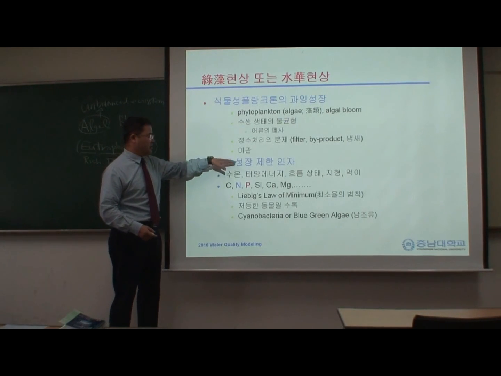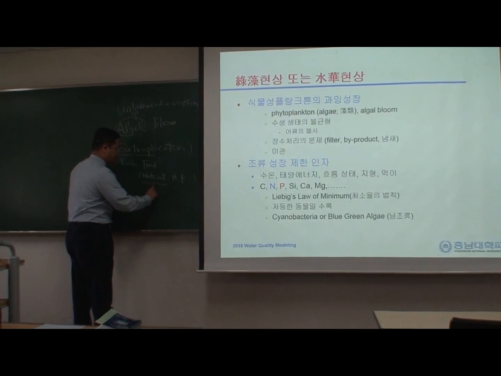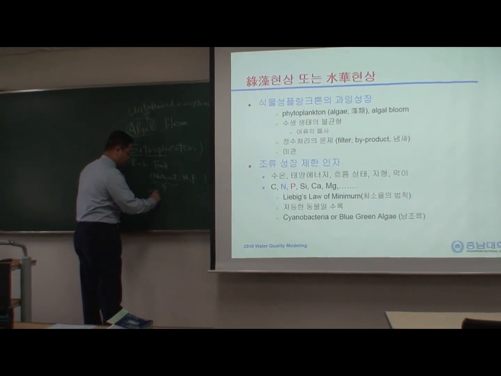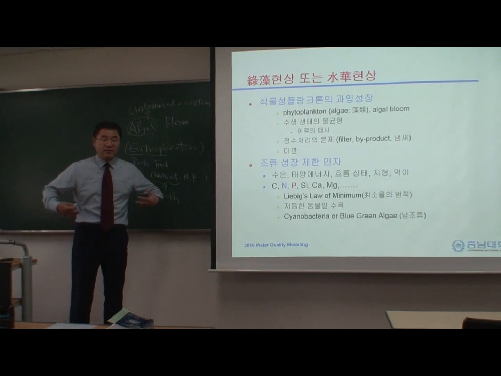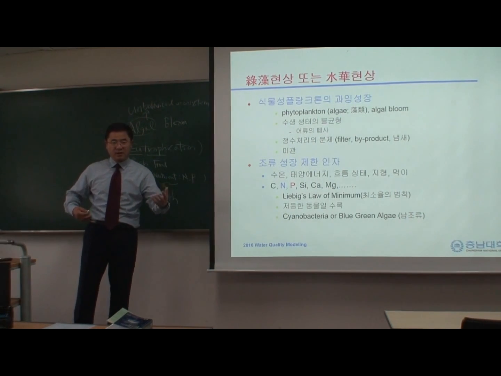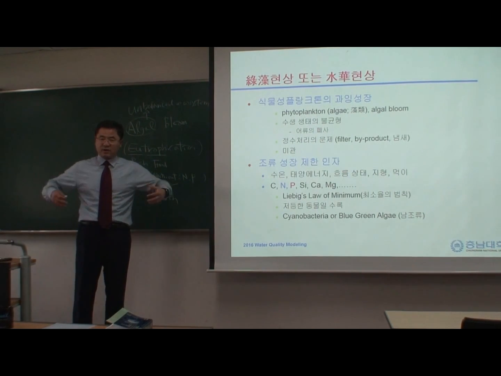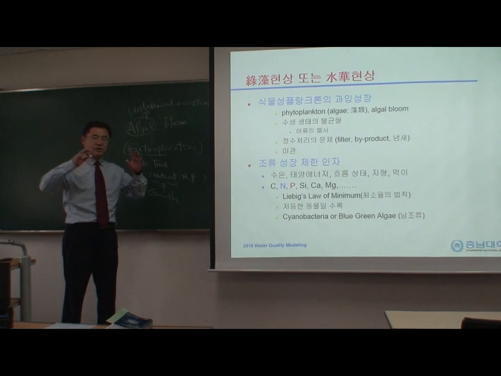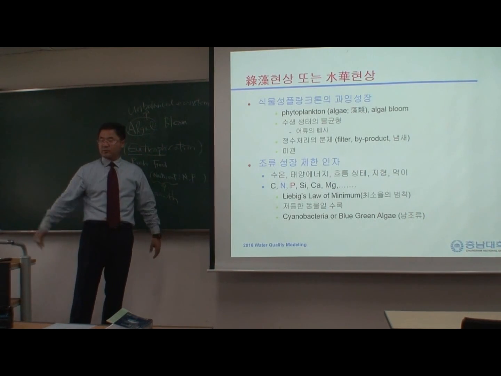So, what is nutrient? Why do we need nutrient? We need this kind of thing for our growth, right? We need carbon, hydrogen, oxygen, nitrogen, phosphorus, and other elements for our health, because those are necessary to move all parts of my body.